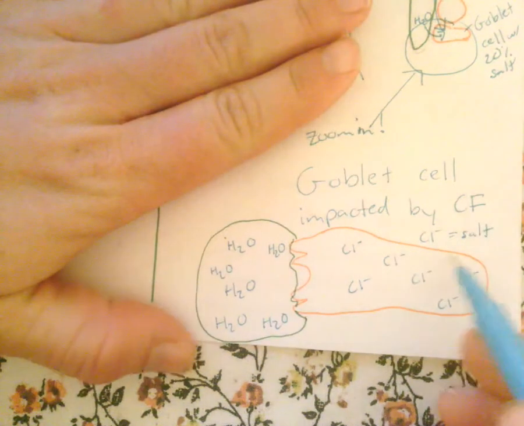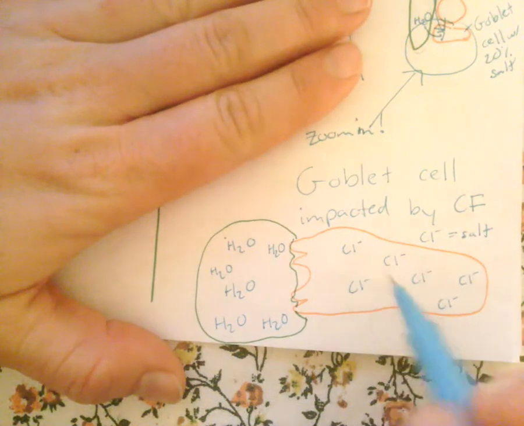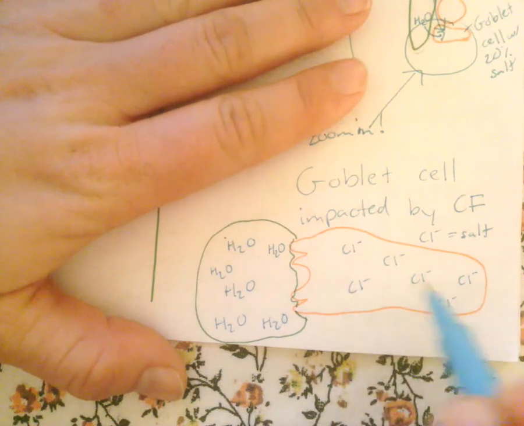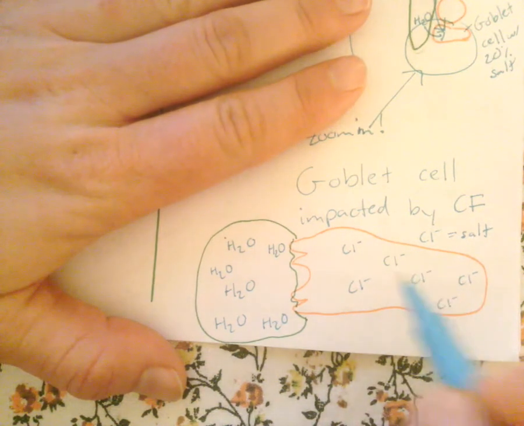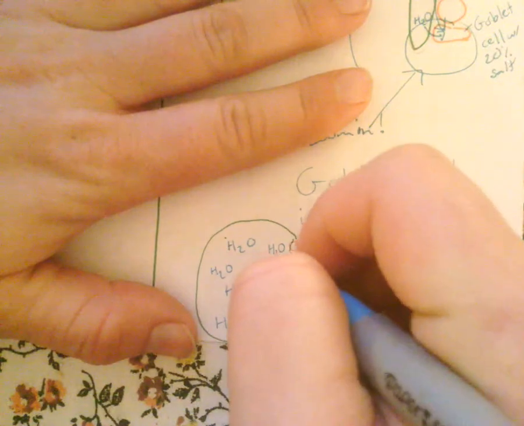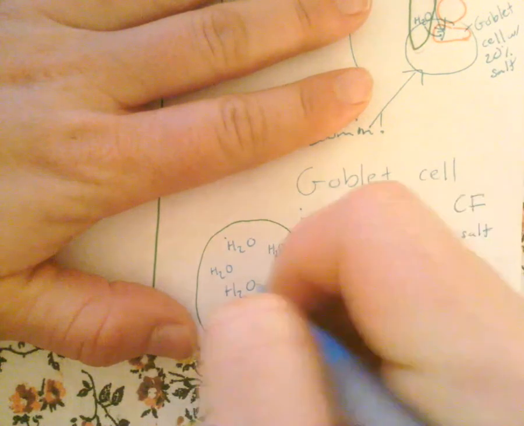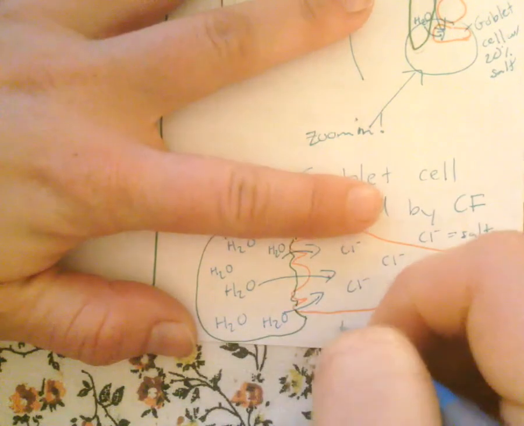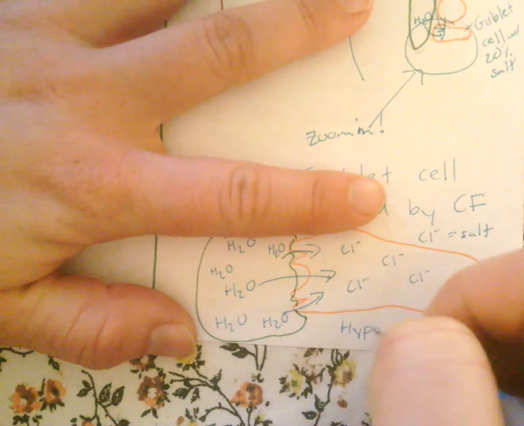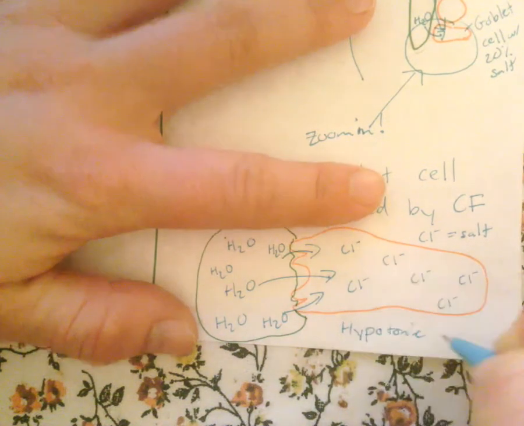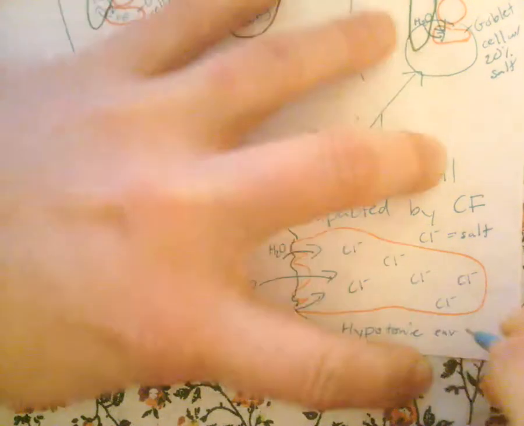So we've been referring to the chloride ions as salt. So we've got all of those chloride ions just building up, trapped within the cells, and this is causing that water to move into the cells, and this is giving us this hypotonic environment.